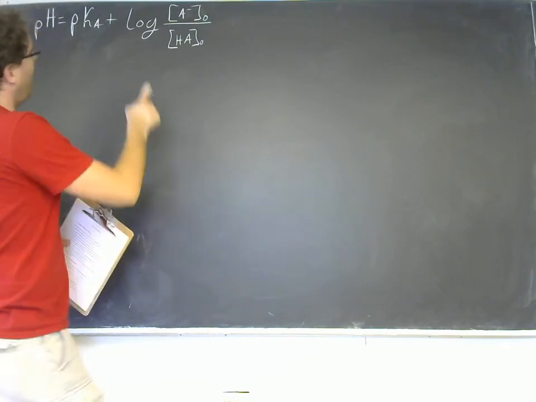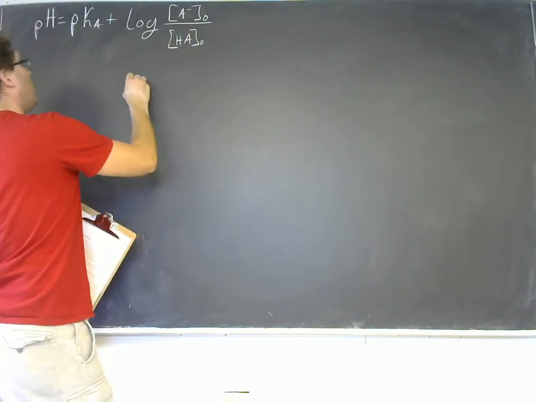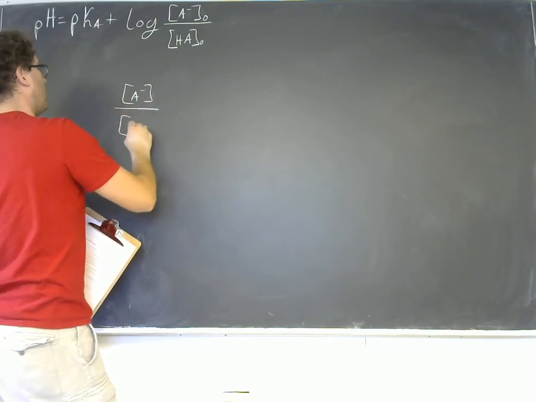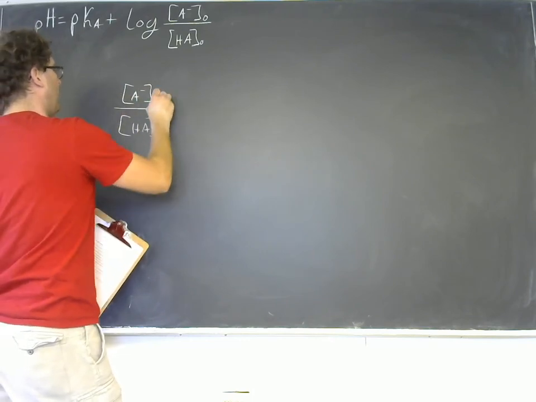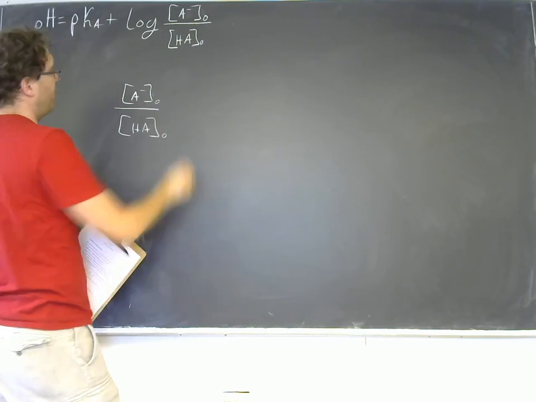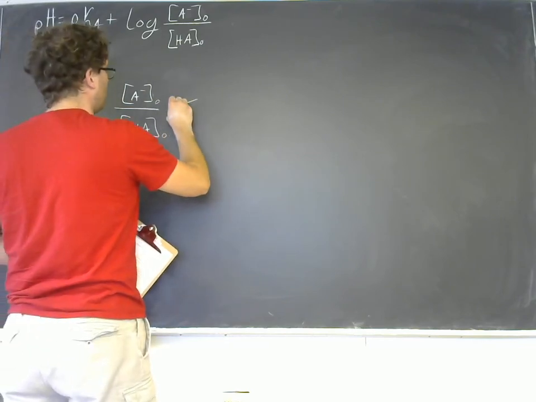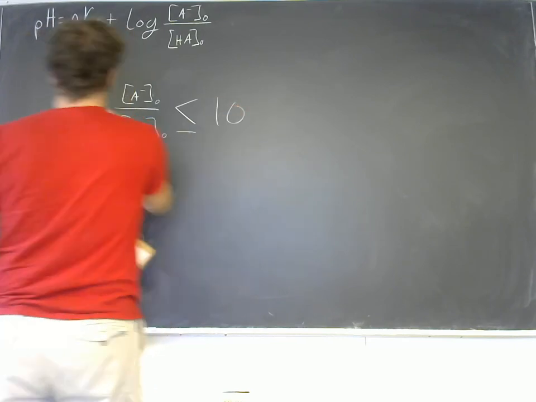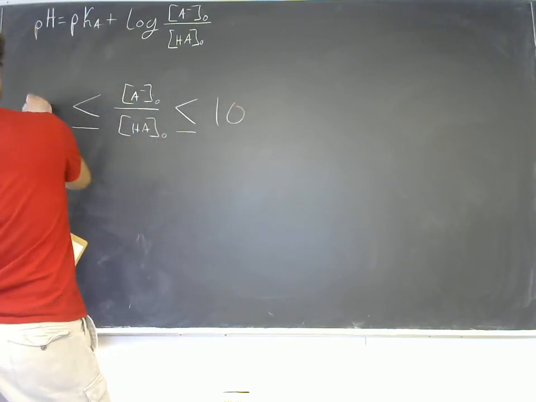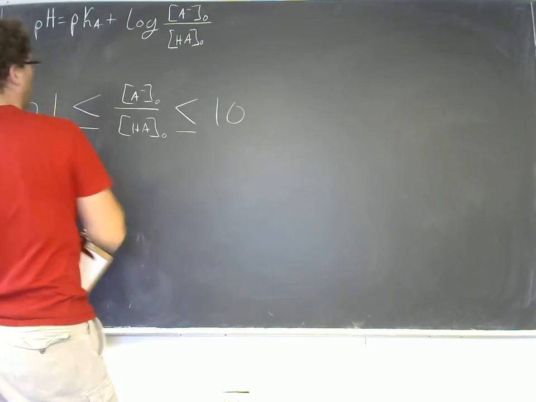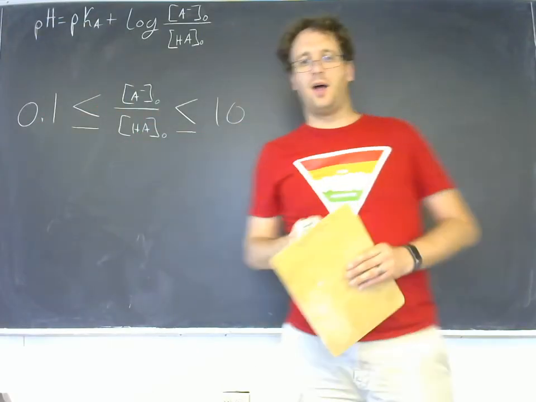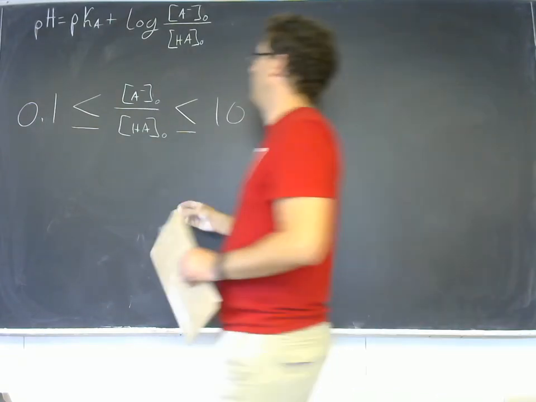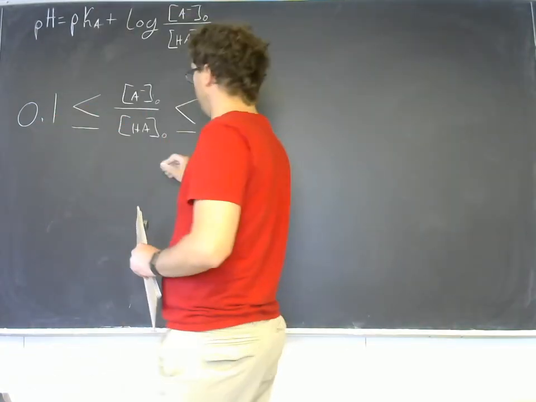If I have this ratio, A minus over HA, if I have this ratio less than or equal to 10 and greater than or equal to 1/10, then that will represent a pH range of pKa.